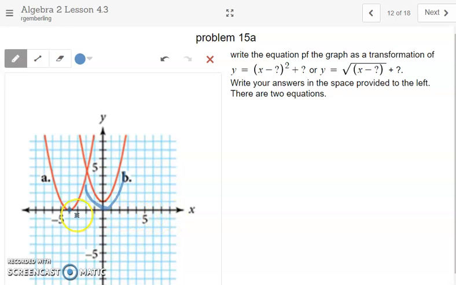So we've done these problems before, and you can replace both question marks with numbers, or just the one question mark and understand the other number is a 0.